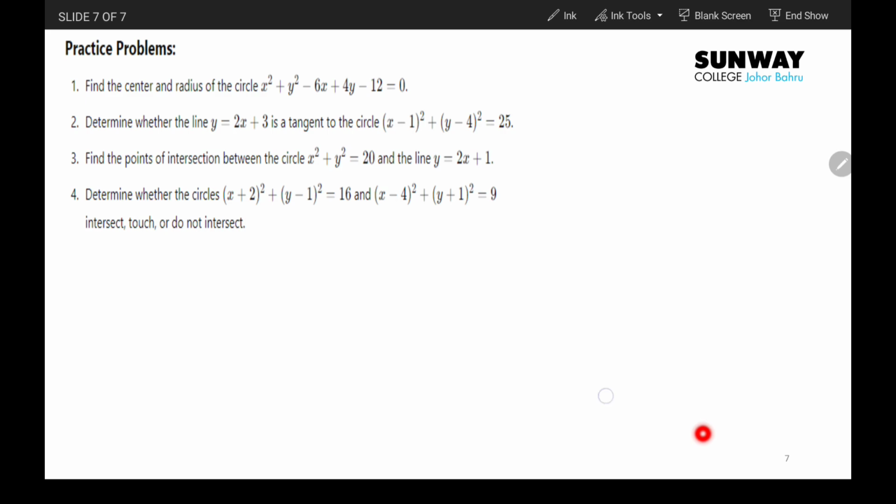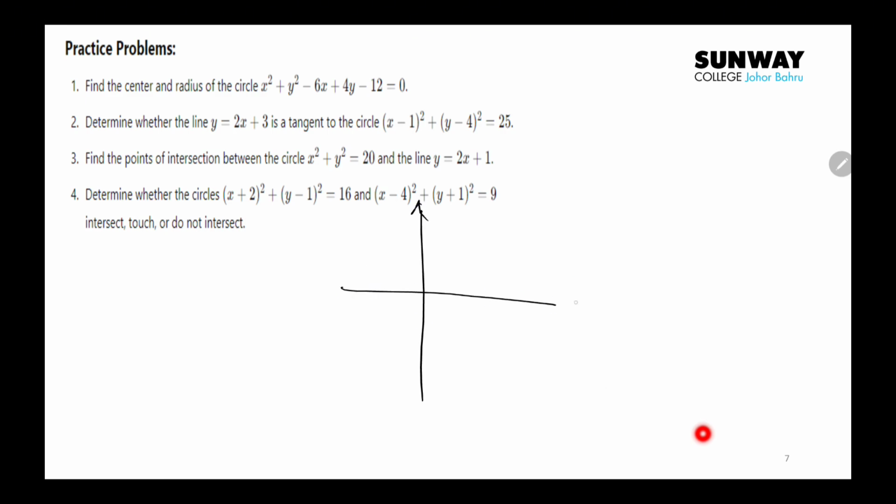When it comes to question 4, one of the ways to do this is to draw it out. So we can have our scales ready. So this is negative 2 and 1, radius is 4, and 4 and negative 1 as center, radius is 3.